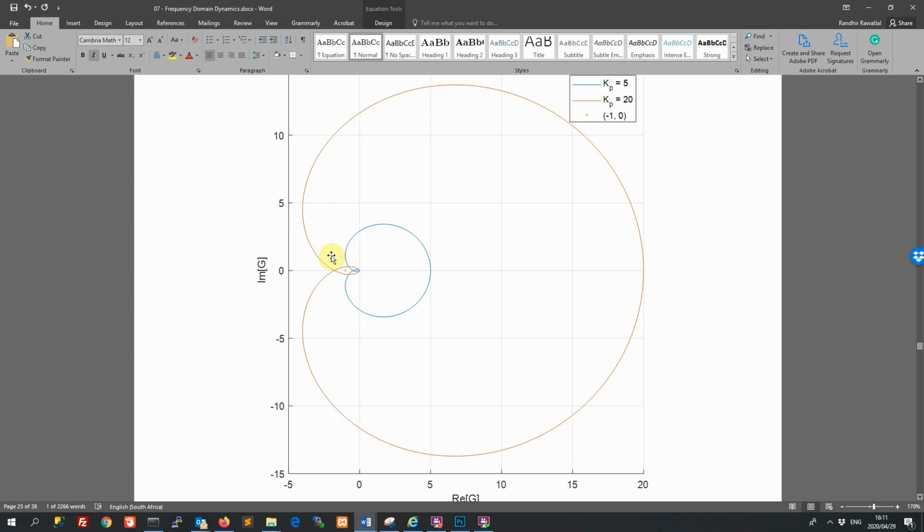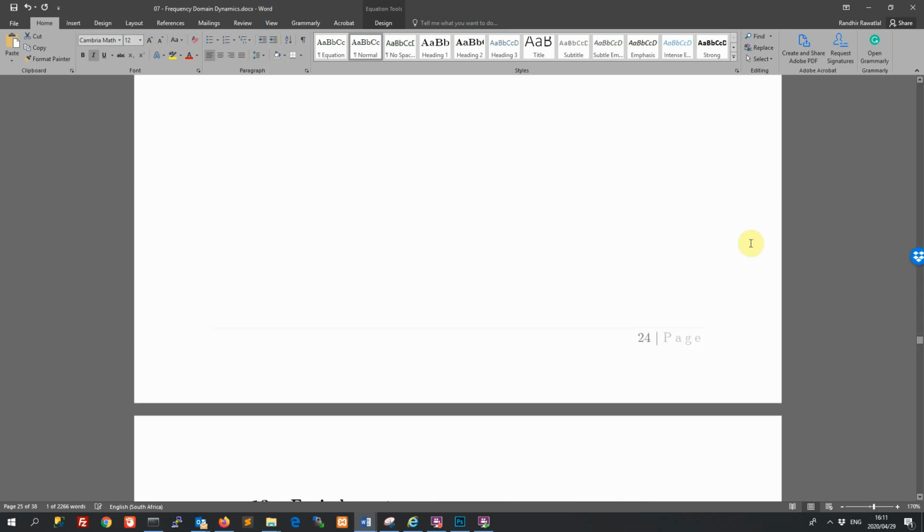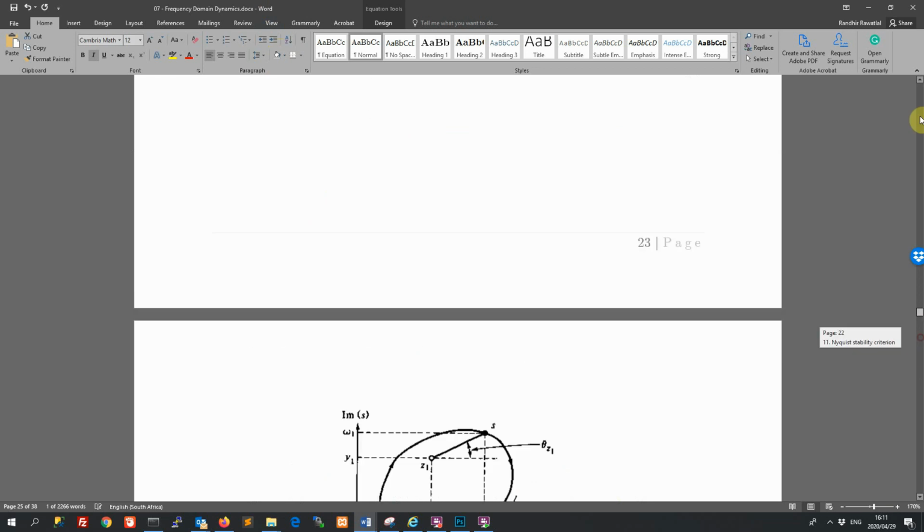So we can say then that, instead of going off to infinity, circling all the way around, and coming straight back in, it looks like we get all the information we need just by going from 0 to infinity. Because of the symmetry, it turns out that s equals i omega, where omega goes from 0 tending to infinity, is good enough to look at. And that's what we've been talking about from the beginning here, right?